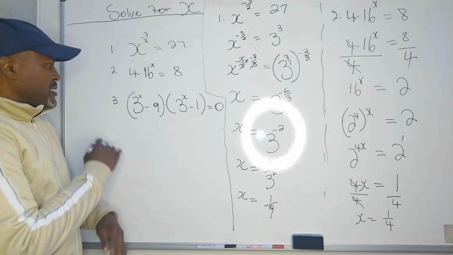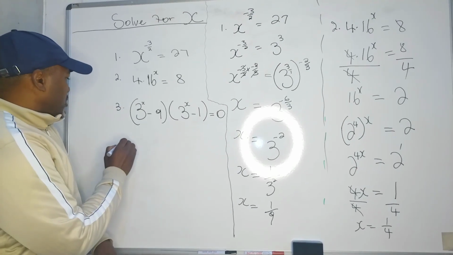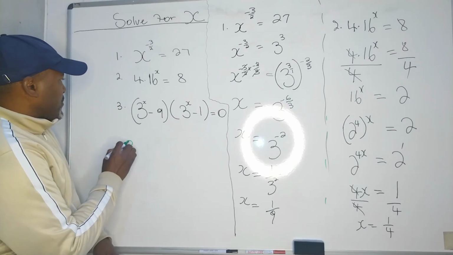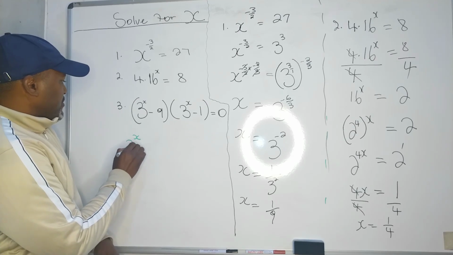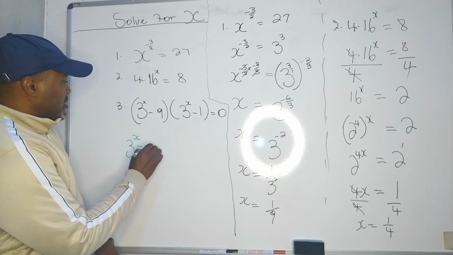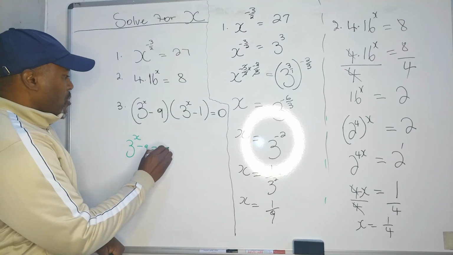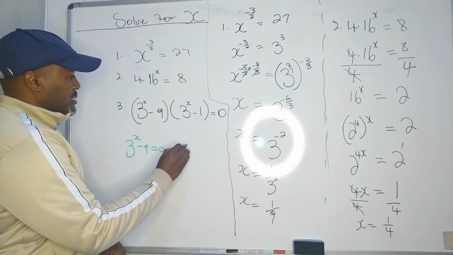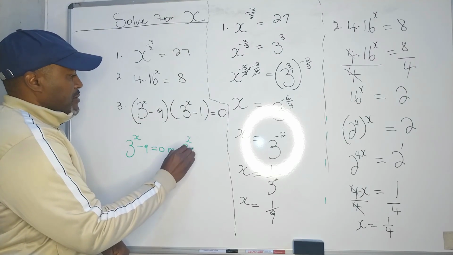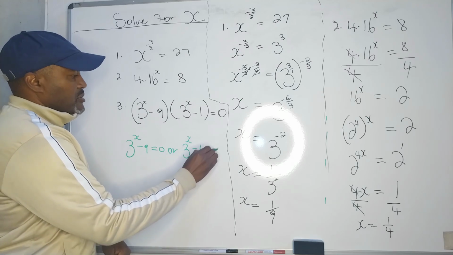Solving the value of x is very simple. We will say, 3 raised to x minus 9 is equal to 0, or 3 raised to x minus 1 is equal to 0.